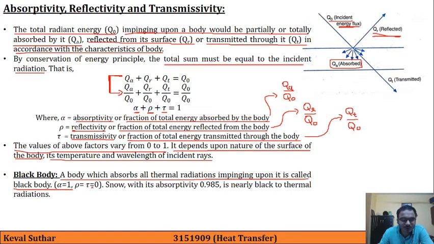So the reflectivity and transmissivity values will be 0. And one of the examples for black body is snow. Its absorptivity is 0.985. It is nearly black to thermal radiations.